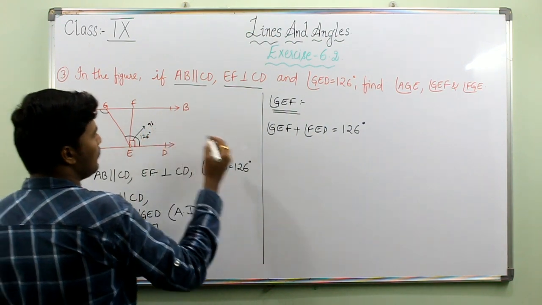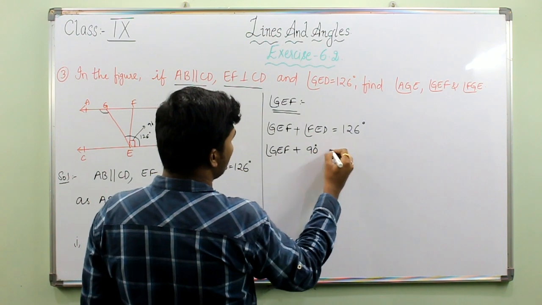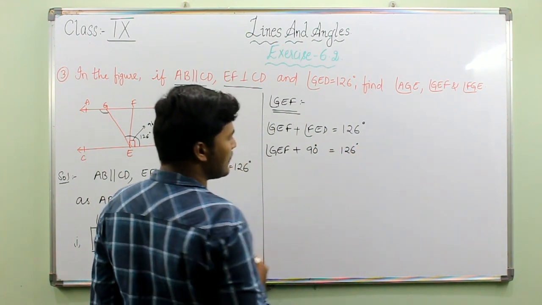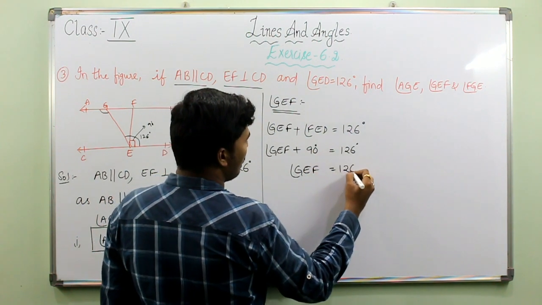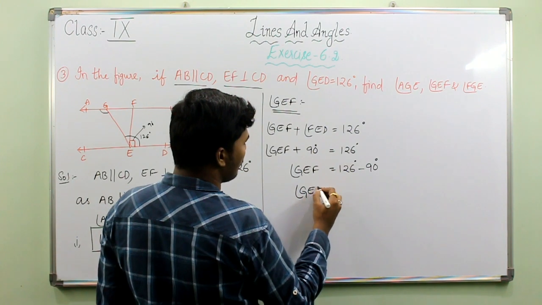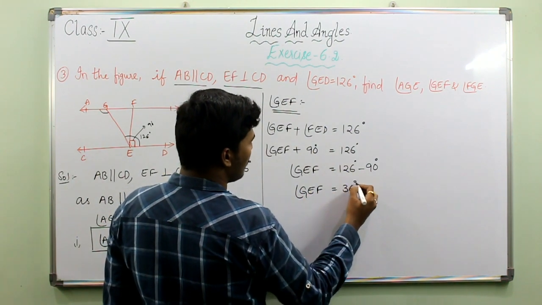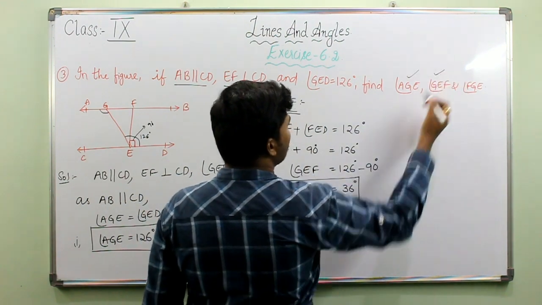So we will get GEF plus 90 degrees is equal to 126 degrees. From that, GEF is equal to 126 degrees minus 90 degrees. So therefore, GEF is equal to 36 degrees. This is the second one.